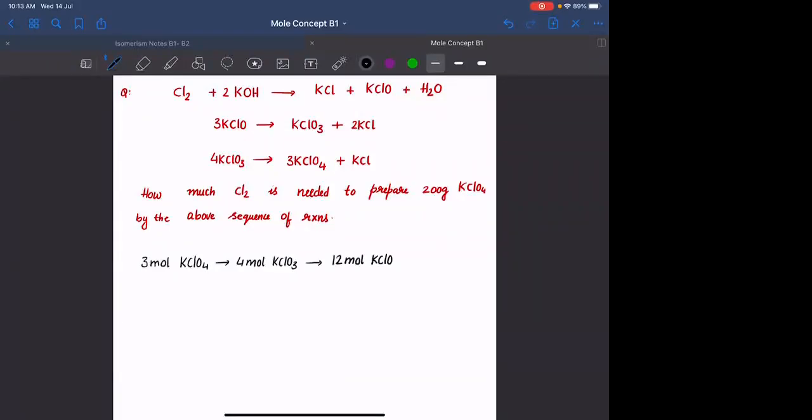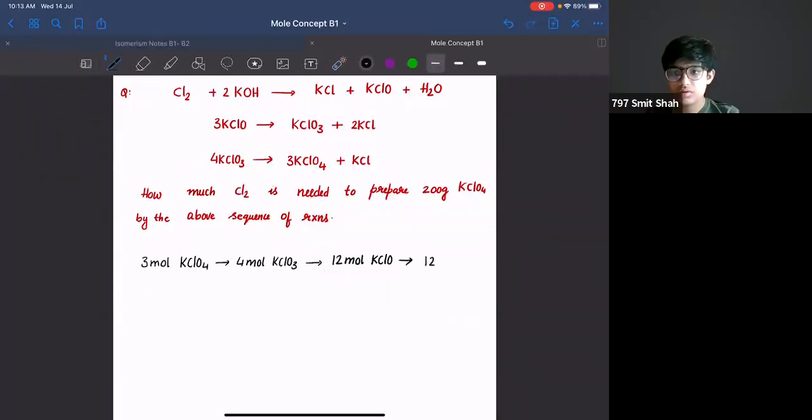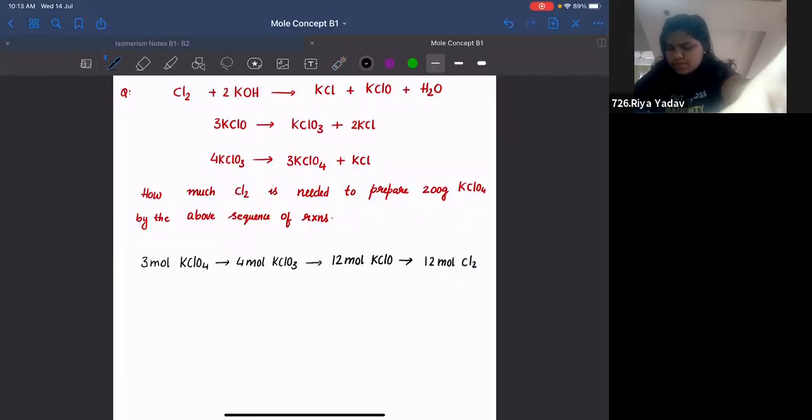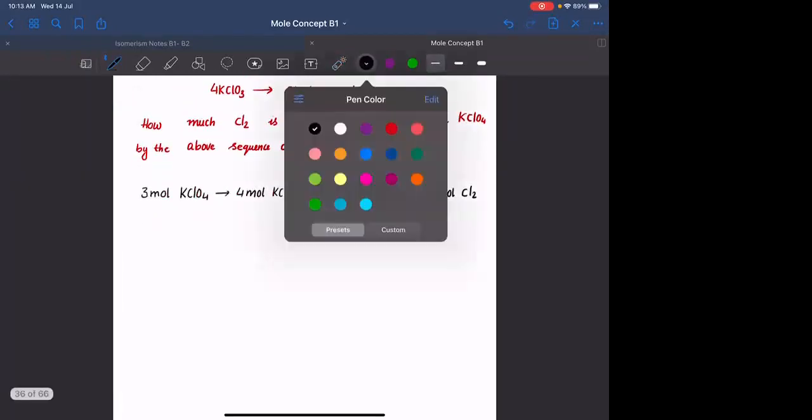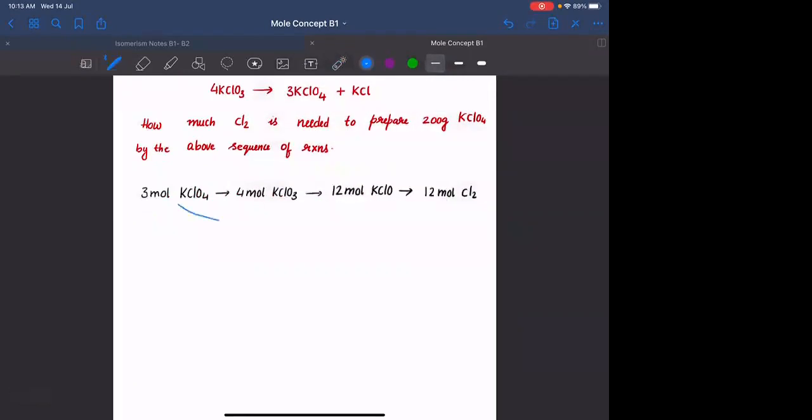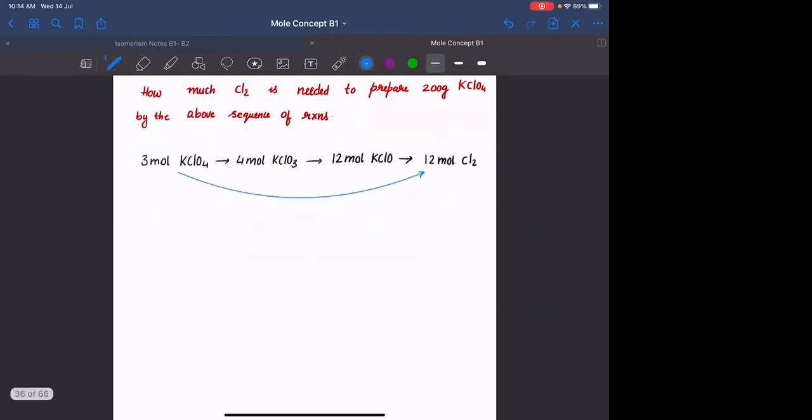Okay. KClO कहाँ से आ रहे हैं? Cl2 से आ रहे हैं? 1 mole KClO is obtained from 1 mole Cl2. So 12 mole KClO के लिए कितना लगेगा? 12 mole Cl2. So overall, indirectly, can I say in order to get 3 mole of KClO4, I require 12 mole of Cl2?